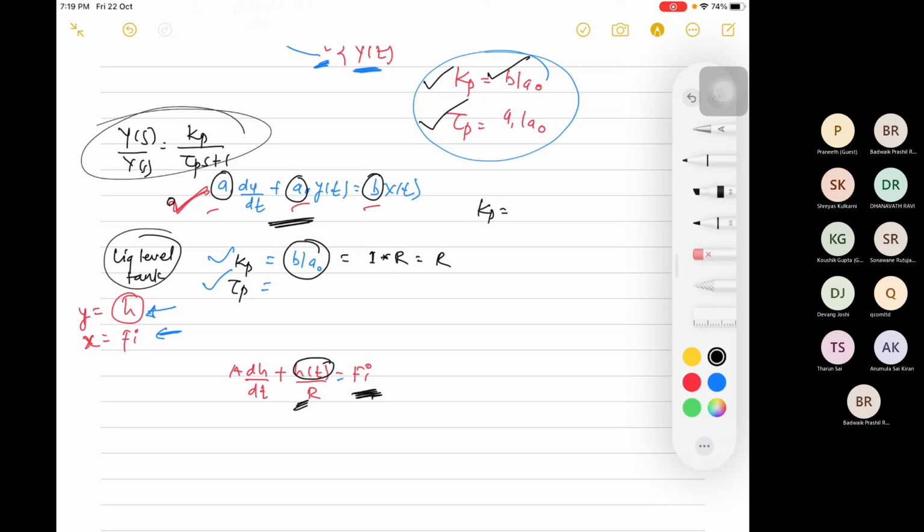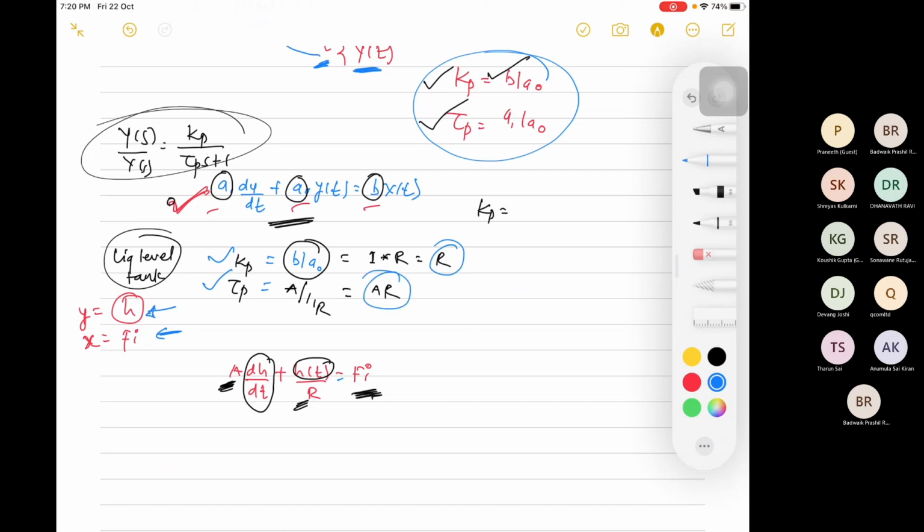Now what is tau p? Tau p is the coefficient of the highest order derivative. Coefficient of the highest order derivative, that is A, divided by the coefficient of output. What is the coefficient of output? It is 1 by R here. So you will get A into R. Now you know Kp and tau p.